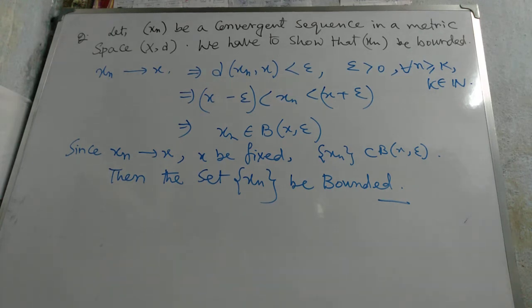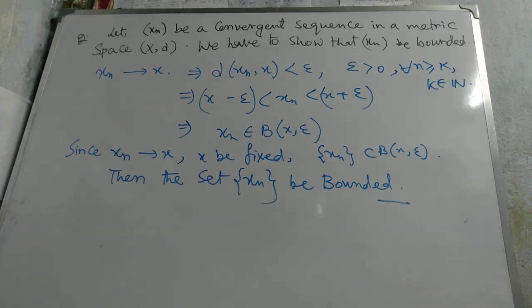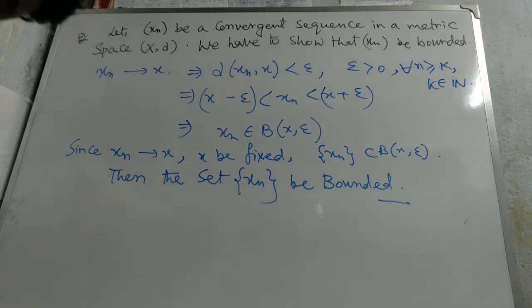Now if xn is convergent, then this set is bounded. And similarly if xn is Cauchy, then the set xn is bounded.